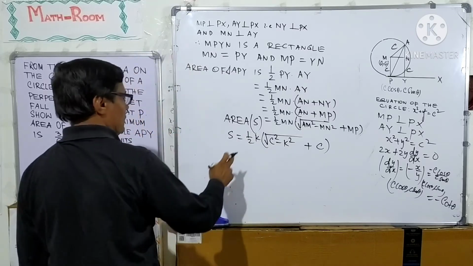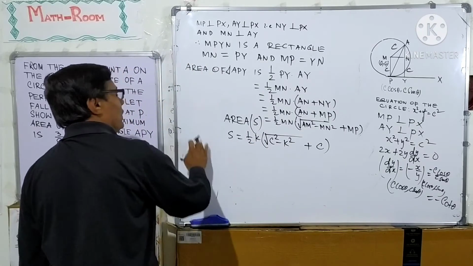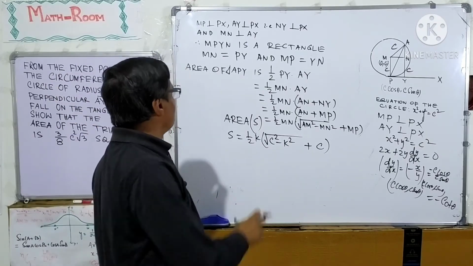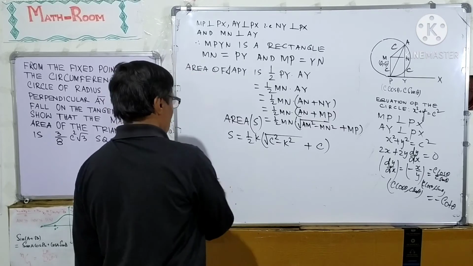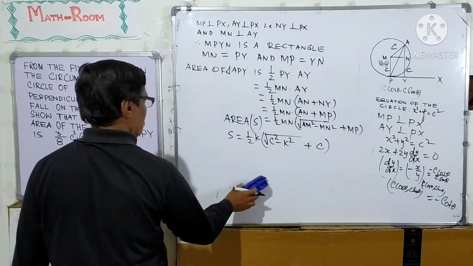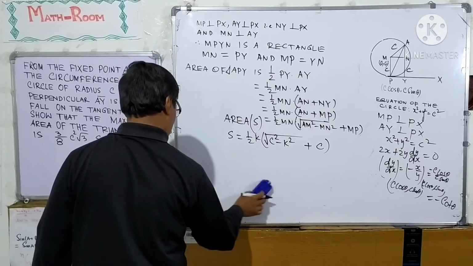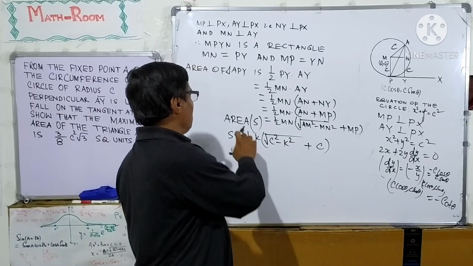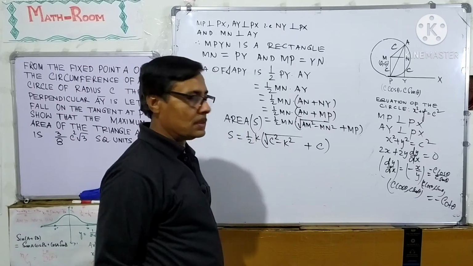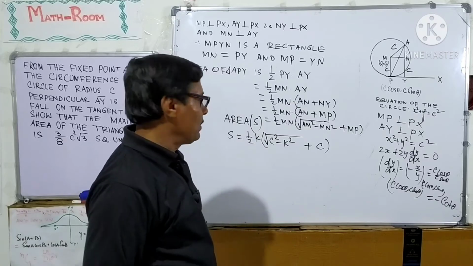We have to maximize this area, using the condition of maximization or minimization: the first derivative of S is 0 at maxima or minima.